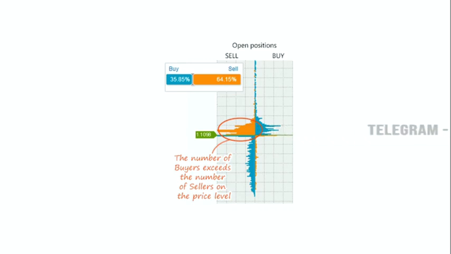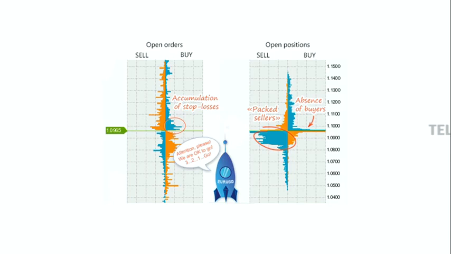It doesn't matter which of the theories you support, both of them indicate a rise in the price in the given situation. This is a virtually win-win situation. We call it like this: sellers have been packed and their rocket is being prepared for launch. Note that there are also no obstacles in the form of obtrusive buyers above the price.